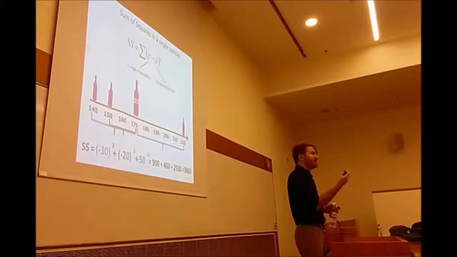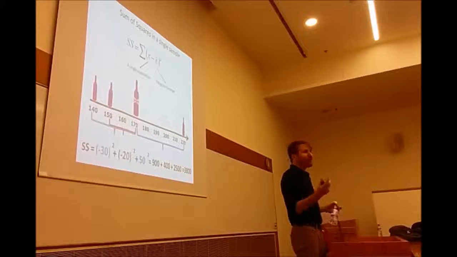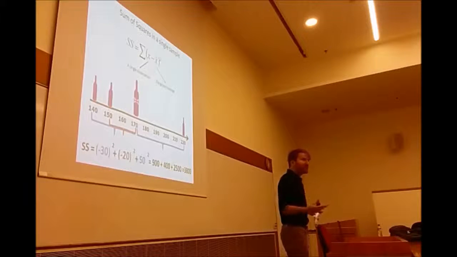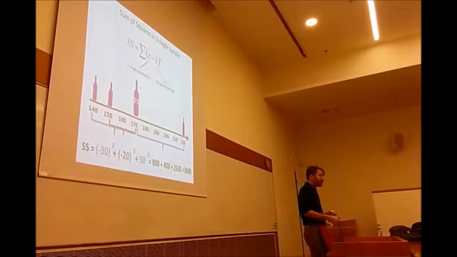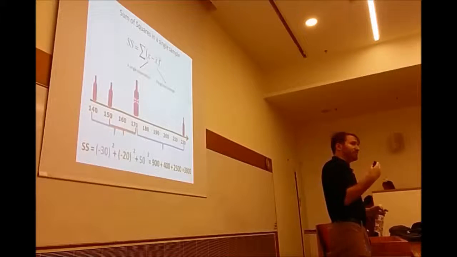But we don't know what it exactly means. We can't really translate it to people. Oh, I got an SS of 3,800. Is that a lot? We don't really know. Okay. This is the meaning and idea of sum of squares within a sample.